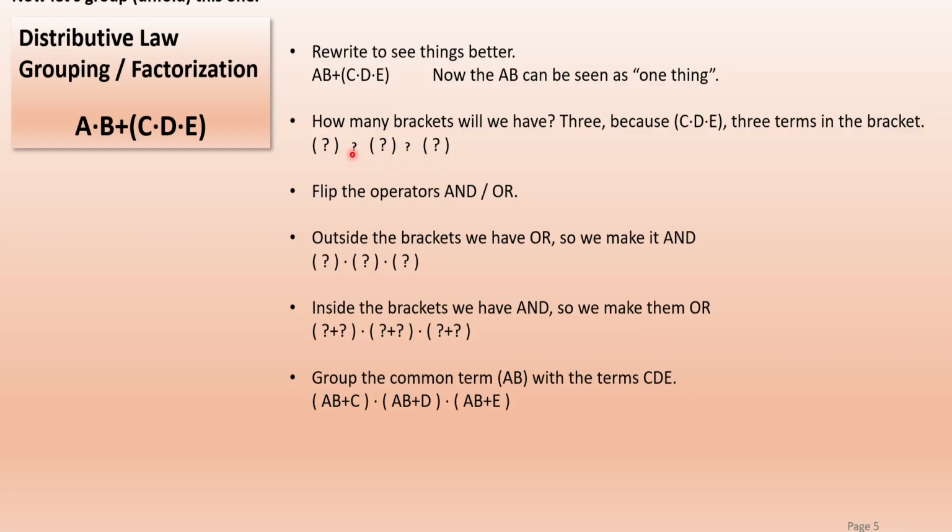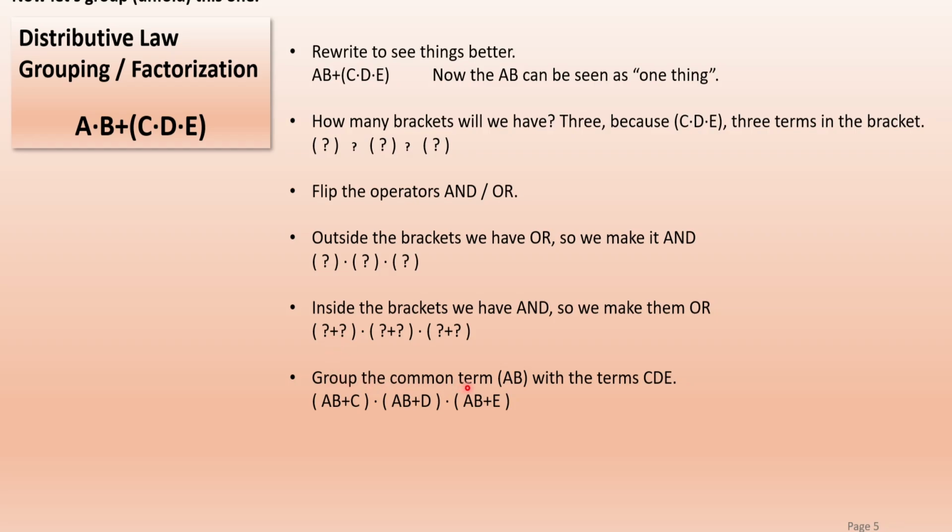Well, what we have outside of the brackets, we have OR, so we're going to change it into AND. So whatever is outside the brackets is going to turn into the AND operator. And inside the brackets, we have AND, so we make them OR.